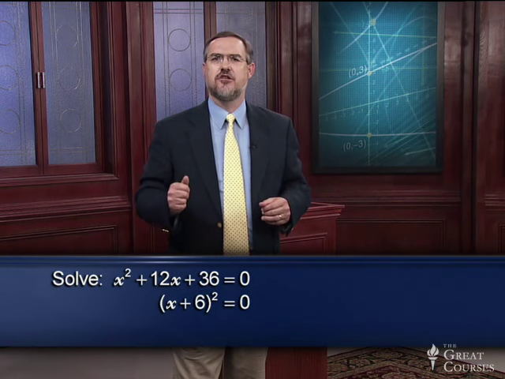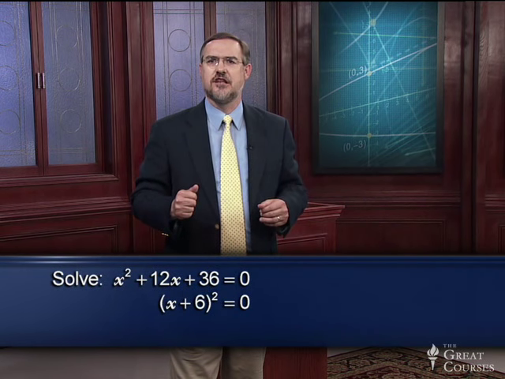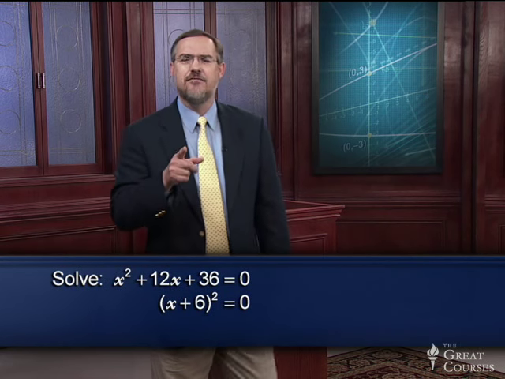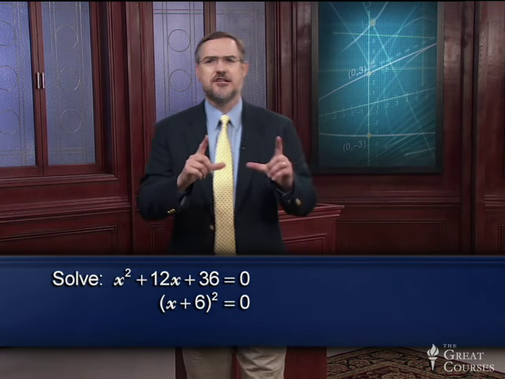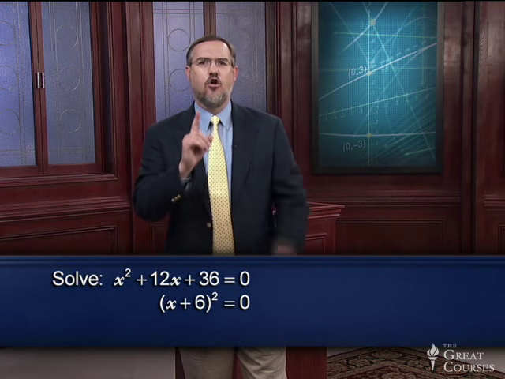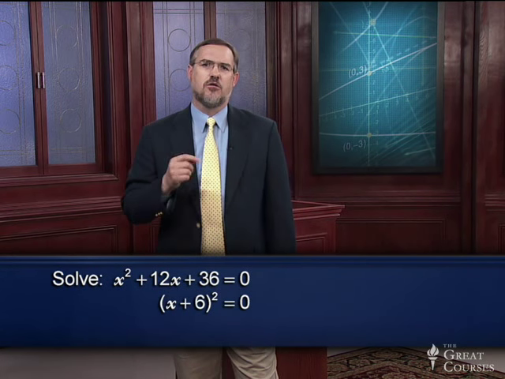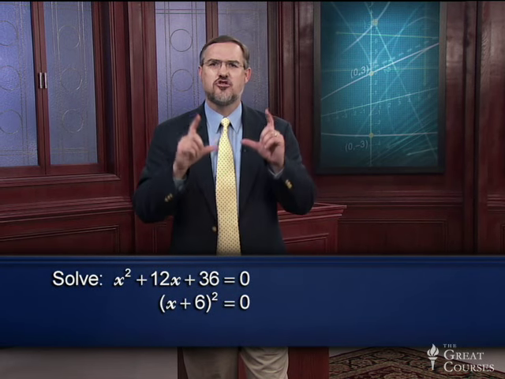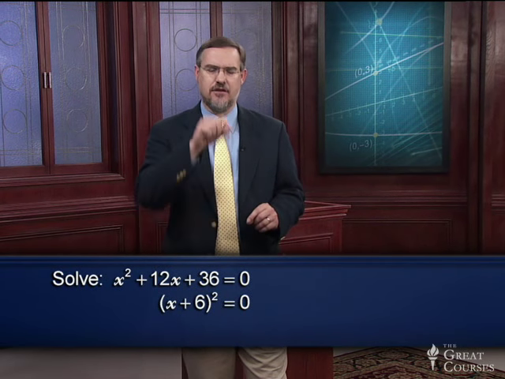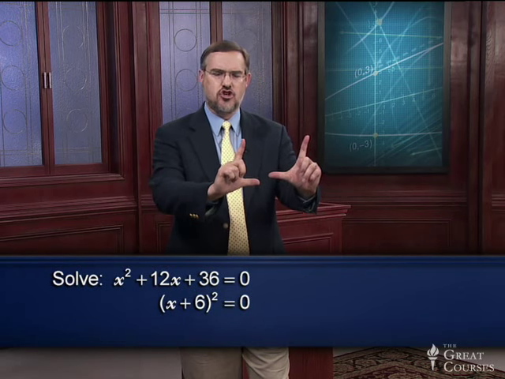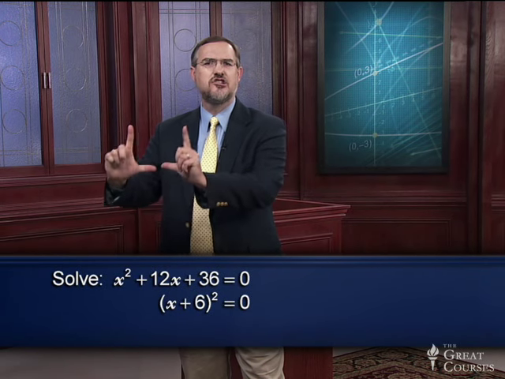We could find that using our square root tool from a previous lesson. And that means that the graph of y equals x plus 6 squared only has one x-intercept. Well, you and I know that already because the graph of x plus 6 squared is exactly the graph of x squared, just shifted to the left 6 units.